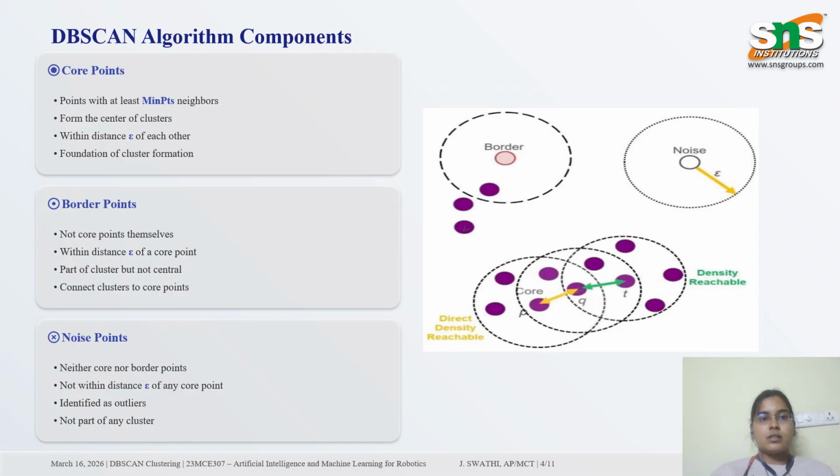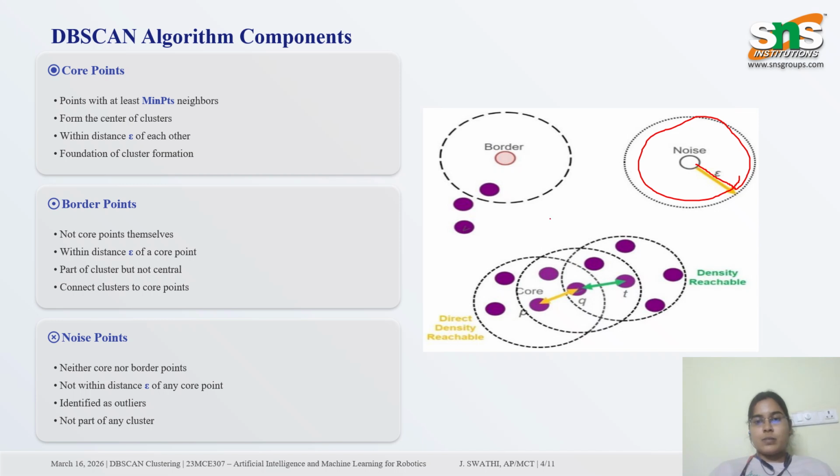Core points have at least min points as neighbors, and they form the center of the clusters within the distance epsilon of each other. So it forms the center, and within the distance of epsilon it forms the cluster. The core point is your main point and the foundation of the cluster.